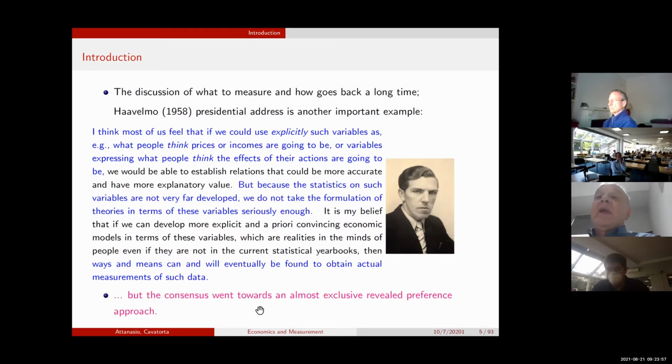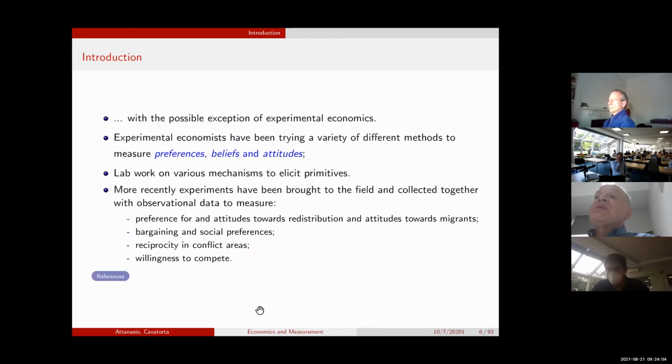Having said all that, there were all these contribution discussions, but the consensus went towards an almost exclusive revealed preferences approach. Now, this is not completely true because experimental economists have been constructing attempts to measure directly preferences, beliefs, attitudes that people have. At the beginning, this was mainly work that happened in labs with students or other subjects.